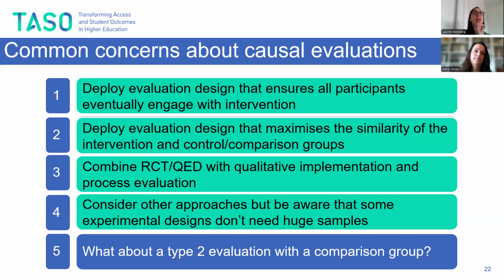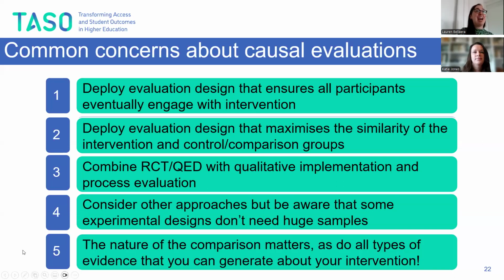We need to be really confident that we're comparing like with like, and in order to do that, we need to be using either an RCT or a QED methodology. So the nature of the comparison really does matter.